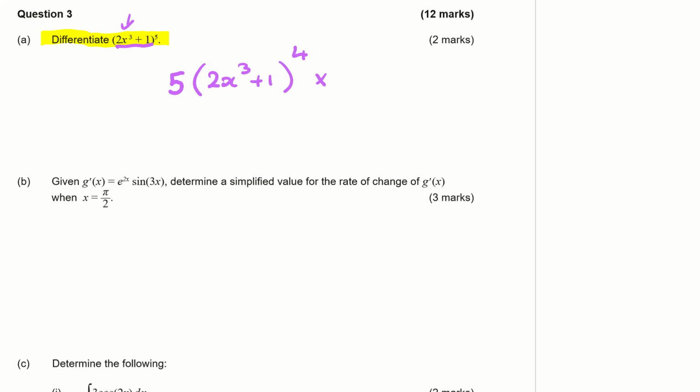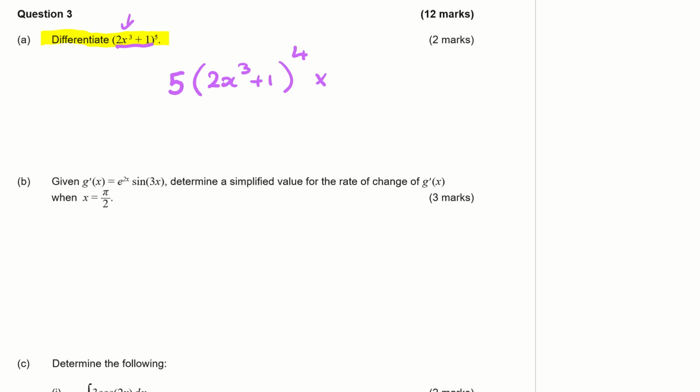We're now given g dashed x is e to the 2x sine 3x. Determine a simplified value for the rate of change of g dashed of x when x is equal to pi by 2. The rate of change of that means we need to differentiate again, and this one is a product.